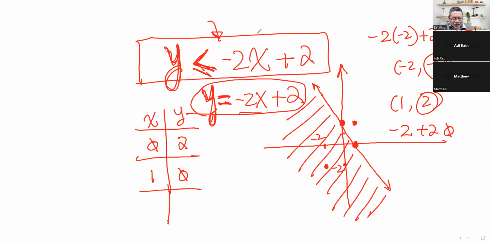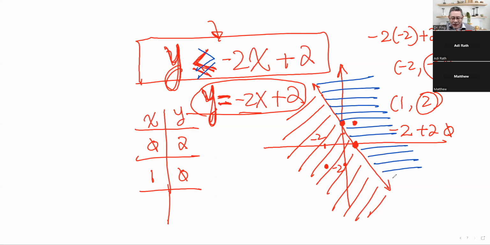If y is greater than, it will still be above the line. So if I rewrite this as greater than instead of less than, then my graph will be up there. Make sense? Very good.